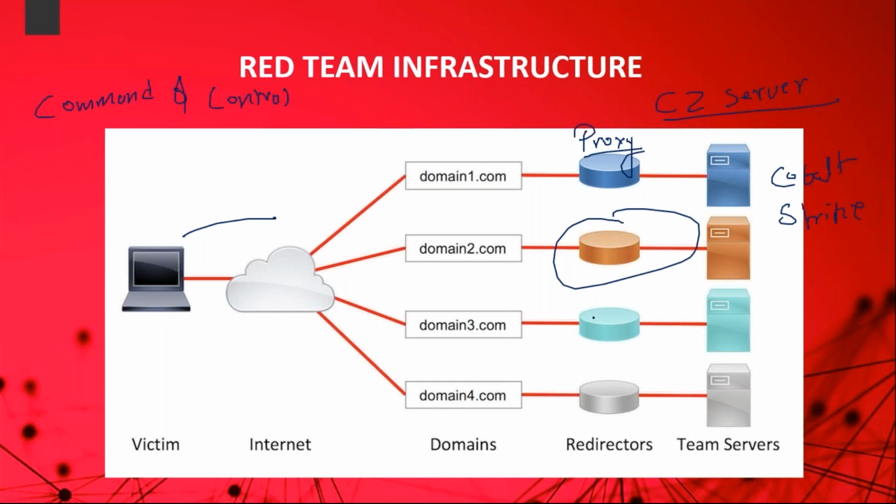So let's say in this redirector I have started a listener, right? I'm listening on port 4444. All the connections arriving from the victim to 4444 will be redirected here, and this will redirect them to the server, right?